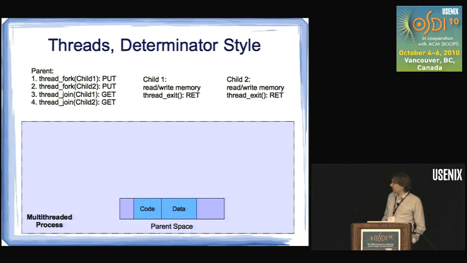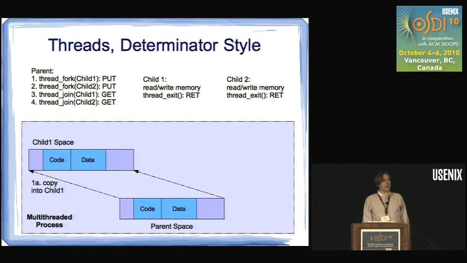So just to give you an idea of specifically how Determinator implements its consistency model via these mechanisms, consider a parent thread that wants to fork off a couple child threads. The fork operation is going to translate to a put system call that copies the entire contents of the parent space into a particular child space.